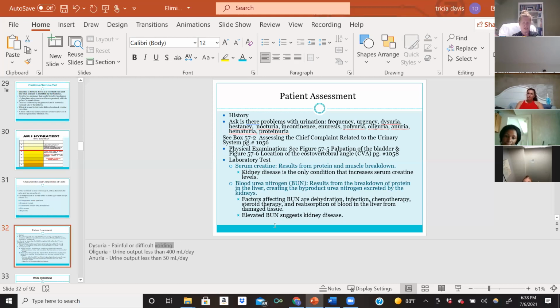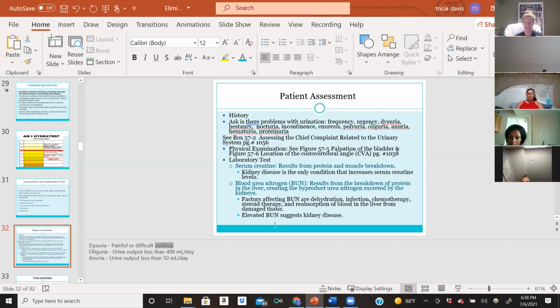We also want to look at their abdominal area, especially above the symphysis pubis, right there at the bottom. That's where their bladder sits, right above that. In a patient that is distended, that is not able to release urine, you will absolutely be able to tell.